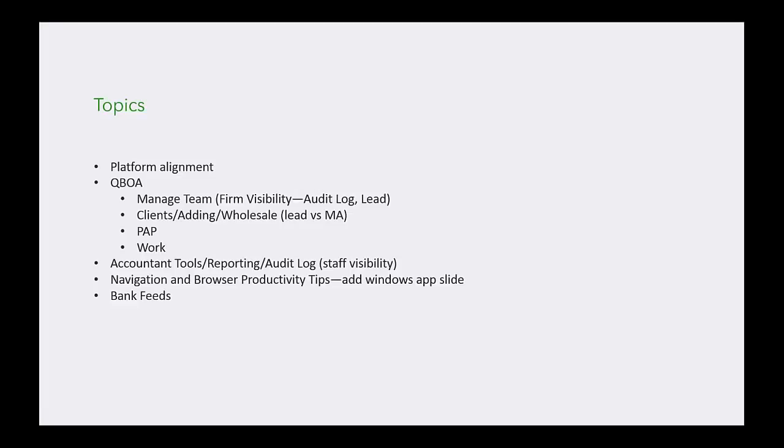All right, so we're going to align with the platform. I've got a couple of slides, like I said. Then we're going to dive into QuickBooks Online Accountant, and we're going to start there. We'll spend a good 25 minutes at least in QBOA. There's a lot to cover, a lot of things we've added. Then we'll dive into a client file and go through some key accountant tools, how you get open windows or reporting, staff visibility, things like that, so some navigation tips. And then we end with bank feeds.